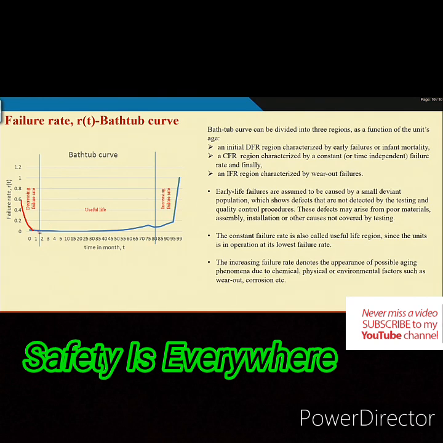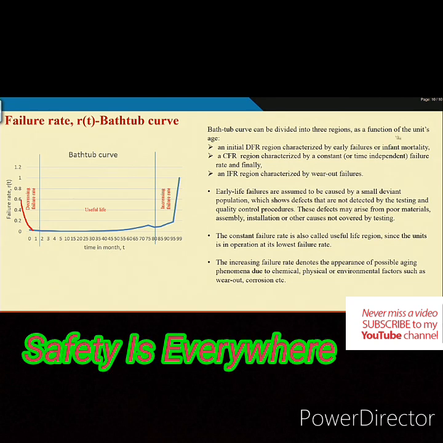One region, this one, is the decreasing failure rate, which is basically the early failure zone. Why does this early failure take place? This is the DFR, characterized by early failures or infant mortality, followed by a long period of time when the hazard rate will be constant.